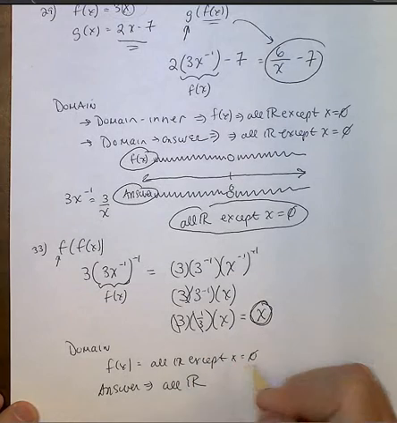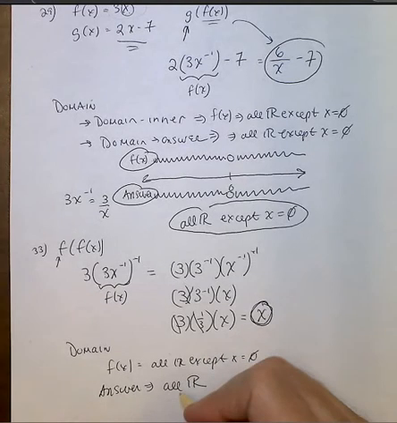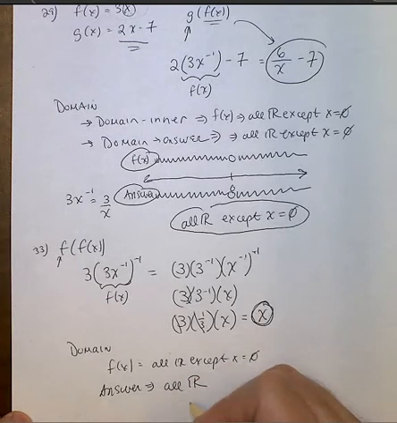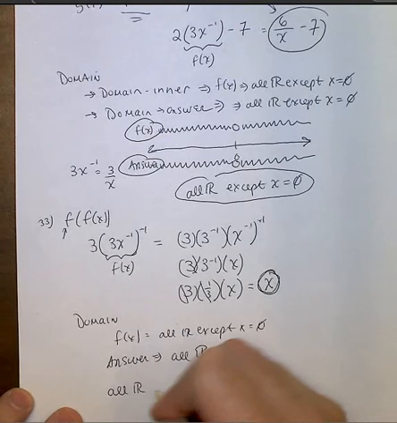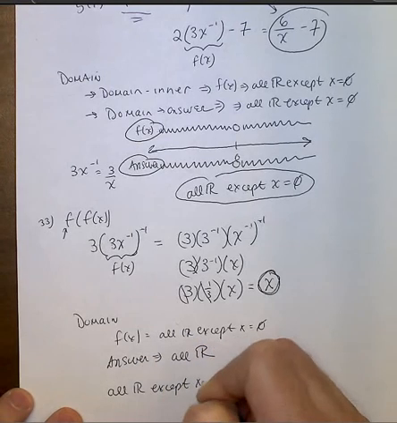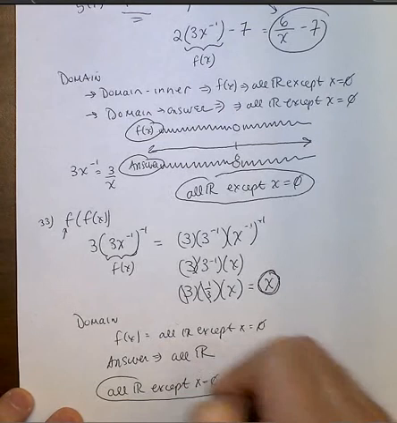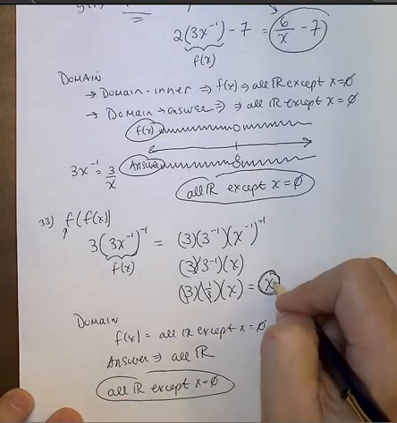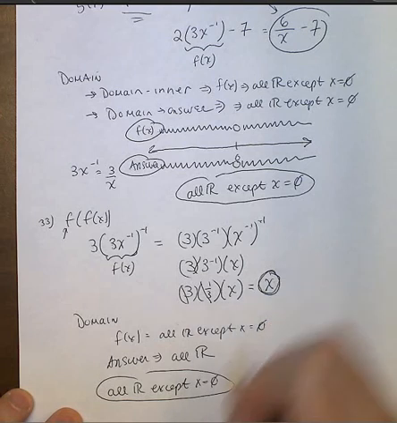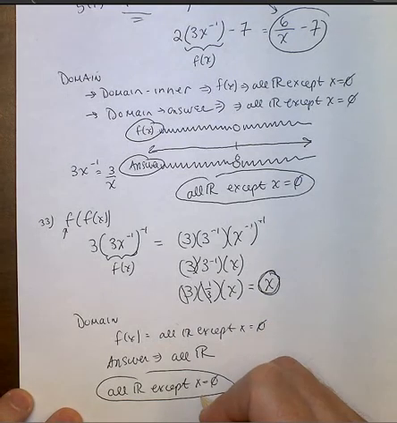And the overlap, the intersection between a domain of all reals except 0 and all reals, is all reals except x equals 0. So for number 33, f of f of x is x, and the domain is all reals except x equals 0. Hope that helps. Good luck.